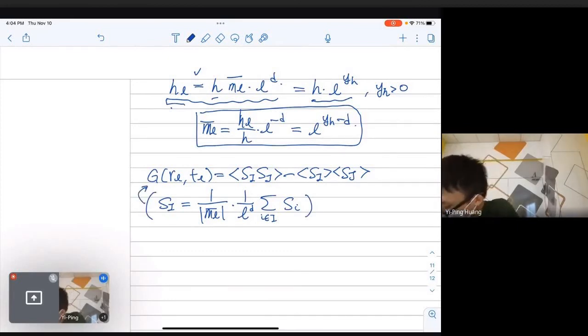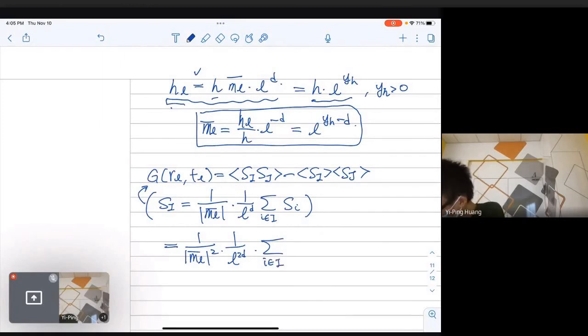Once you do that, you'll get the following expression. You will have ML bar squared and L to the D, basically 2D, and you will have a summation where little i belongs to the block spin capital I, and little j belongs to the capital J block spin, and you will have Si Sj minus Si Sj.